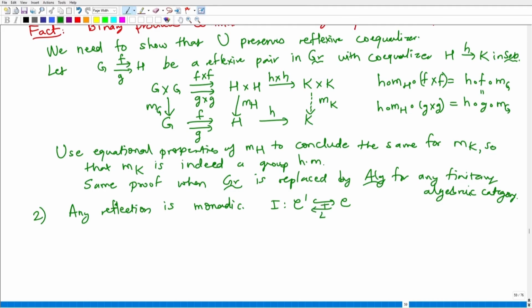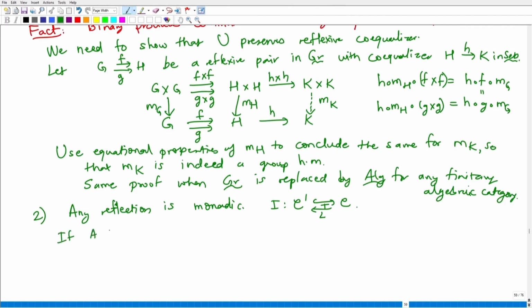Then, which functor is monadic here? What are we talking about? The right adjoint. Basically the inclusion functor is monadic. C prime is a full subcategory, that's also part of the definition.